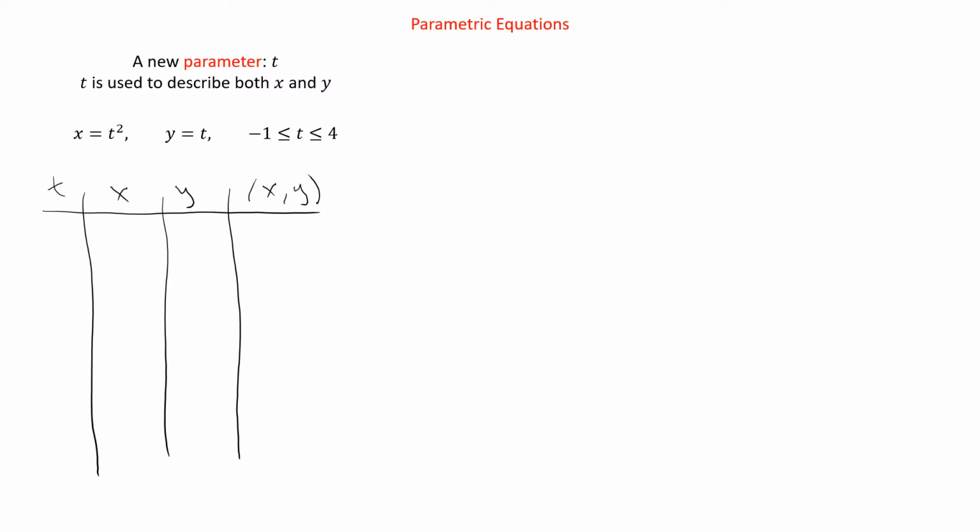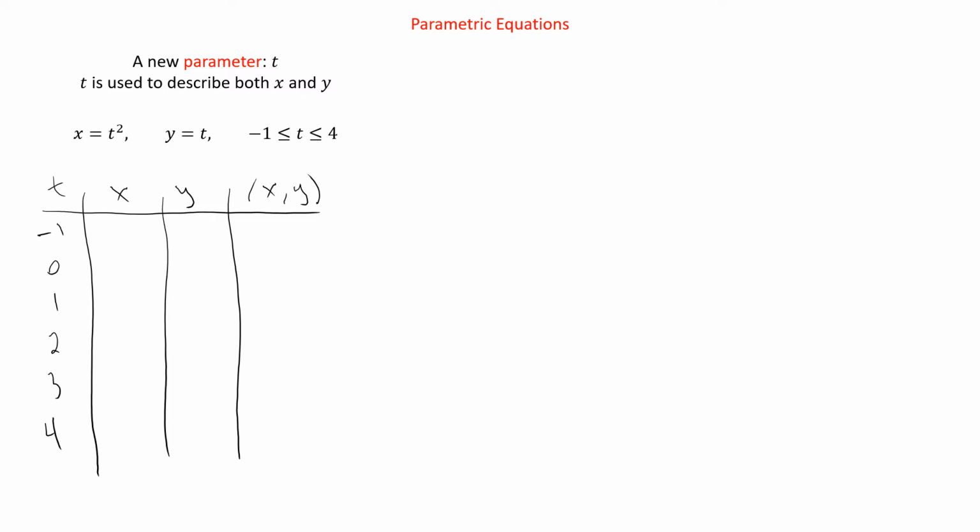So t, well, we go from -1 to 4, kind of obvious. Let's go -1, 0, 1, 2, 3, 4. It's not always that nice and neat, but if it's something where you're going to be making a table, it usually is. Then we just plug these values into each of them.